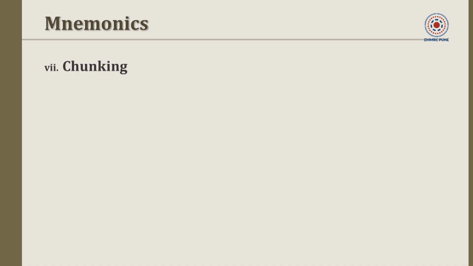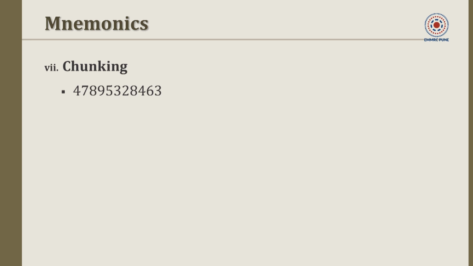The next mnemonic is chunking. Chunking or grouping information is a mnemonic strategy that works by organizing information into more easily learned groups, phrases, words or numbers. Phone numbers, social security numbers and credit card numbers are organized using chunking.